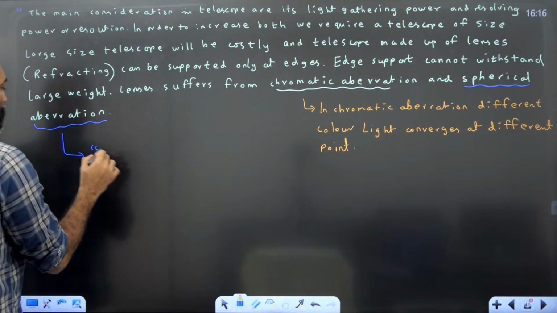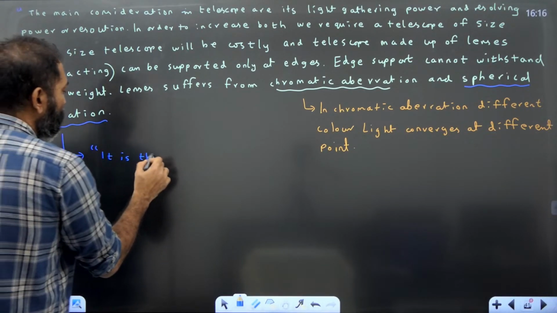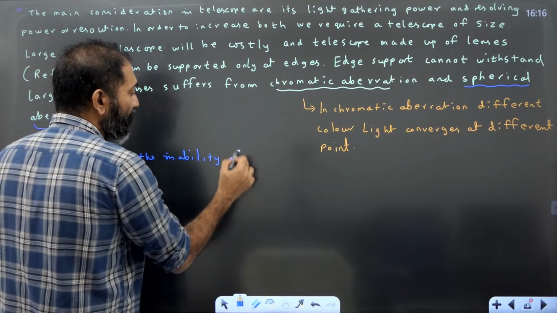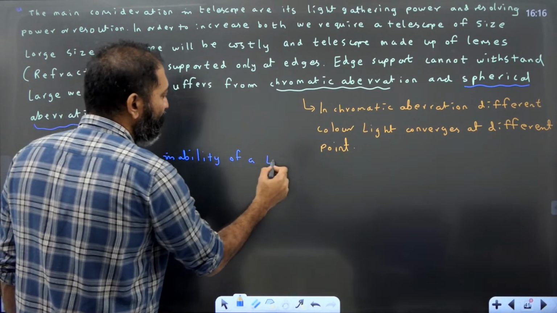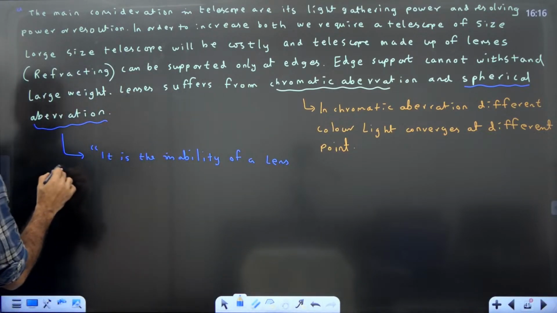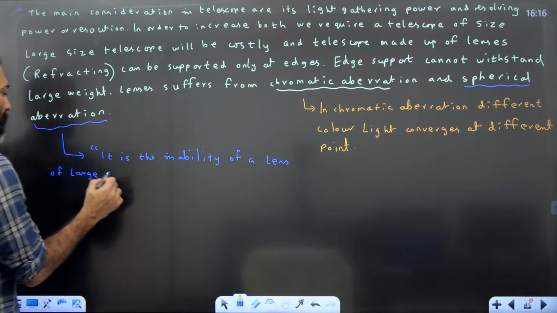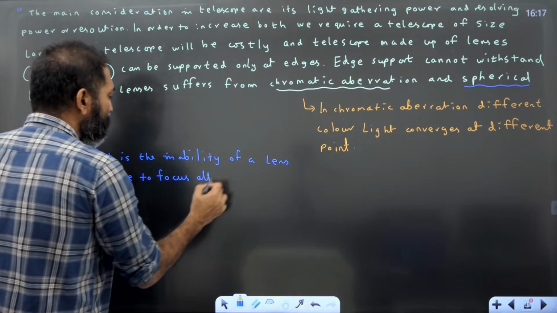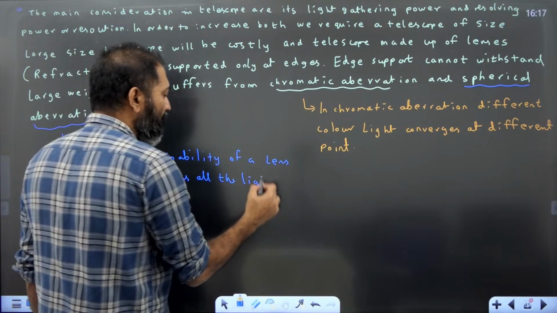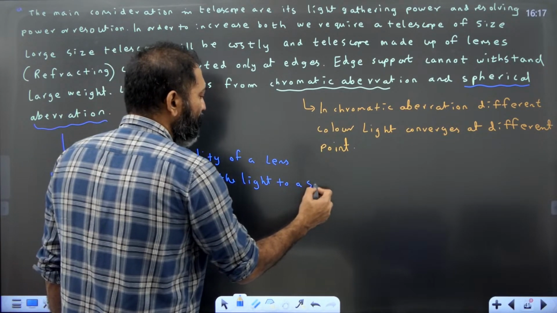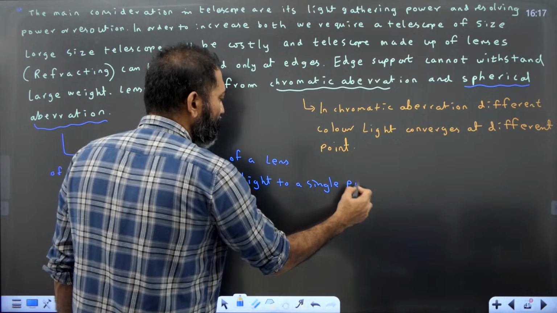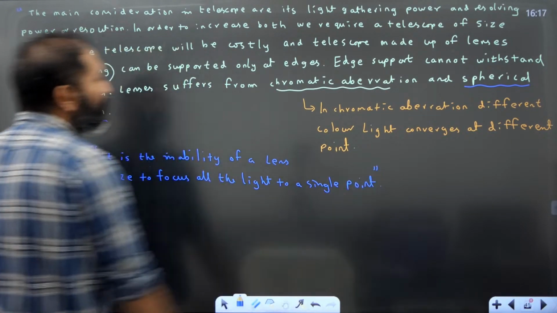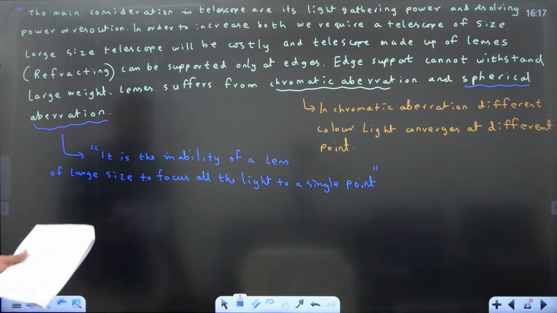It is the inability, meaning not having the capacity, of a lens of large size to focus all the light to a single point. So these two problems are there with the lenses.